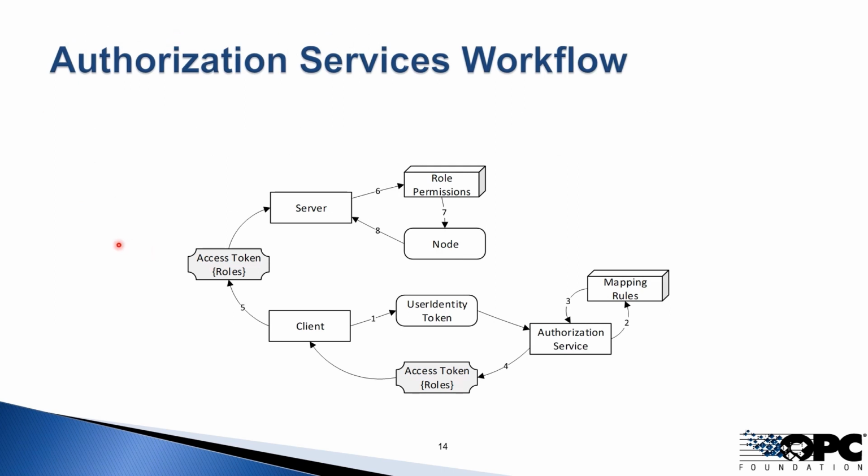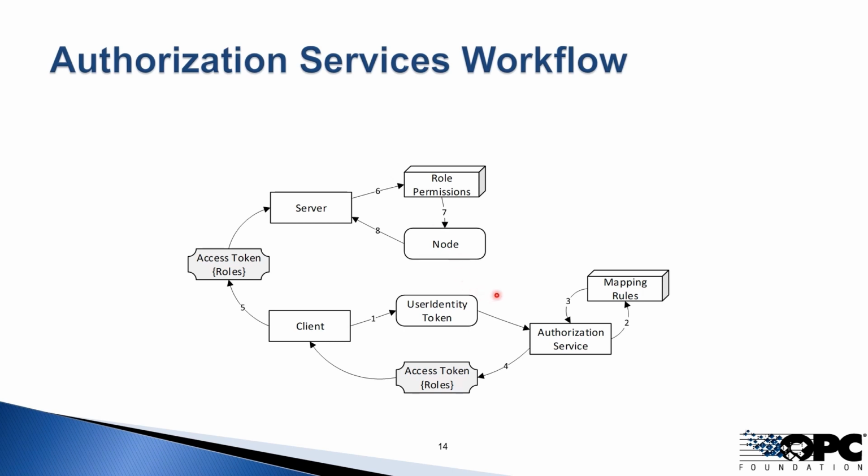So let's take a look at the workflow for authorization. And I'm going to start in the middle here just to confuse you. But let's suppose a client here wants to read a value from a node in some OPC UA server. But that node and the value it wants to read is controlled with access control, and only certain people that are in certain roles are going to be allowed to access that particular value.